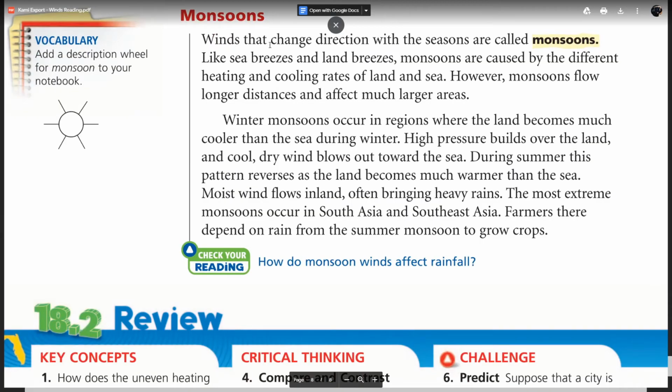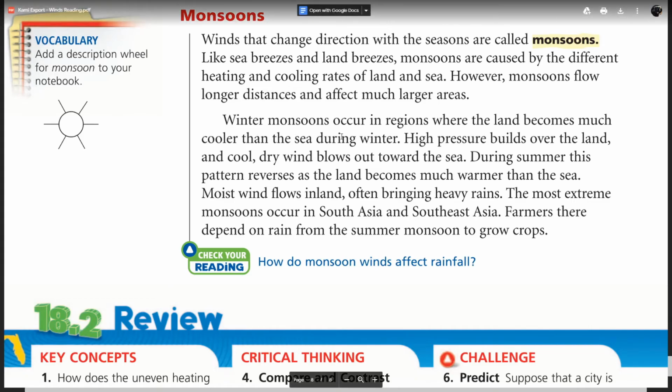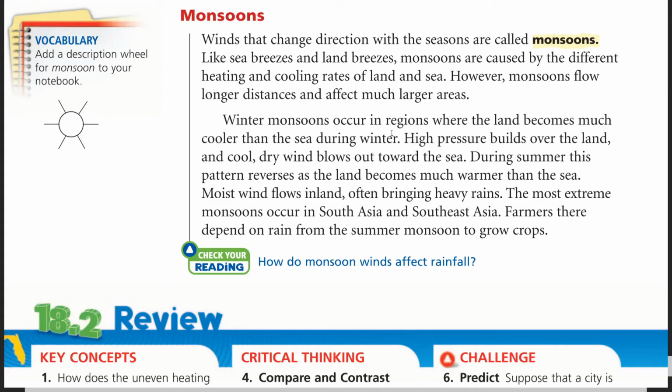Monsoons. Winds that change direction with the seasons are called monsoons. Like sea breezes and land breezes, monsoons are caused by the different heating and cooling rates of land and sea. However, monsoons flow longer distances and affect much larger areas. Winter monsoons occur in regions where the land becomes much cooler than the sea during winter.